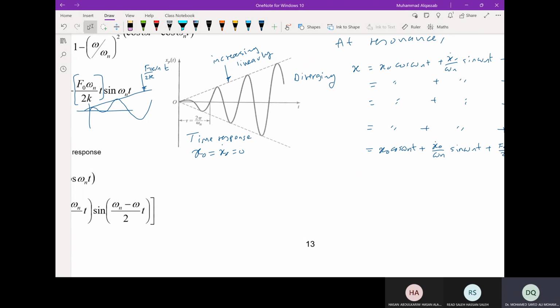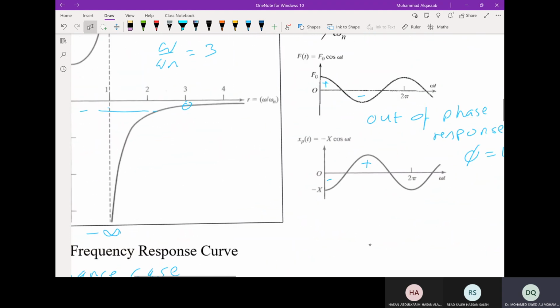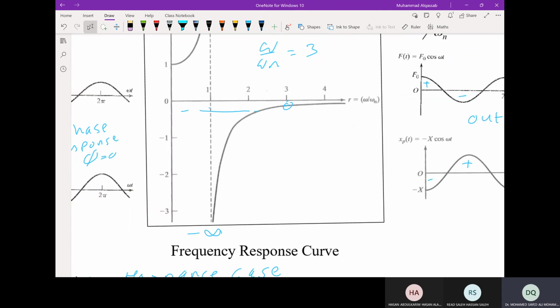Okay, most machines are not supported by viscous dampers because their working condition is omega over omega n very much greater than 1. So it will be in this range, at 4 or at 10, that the amplitude ratio is very small. And the machines will be running smoothly at high speeds and at high frequencies.